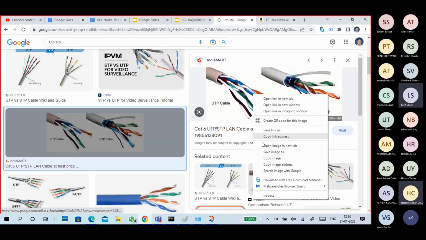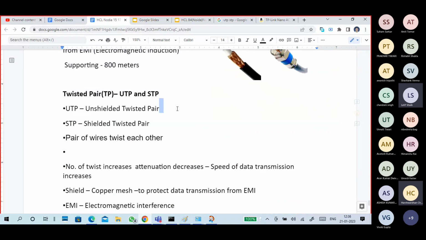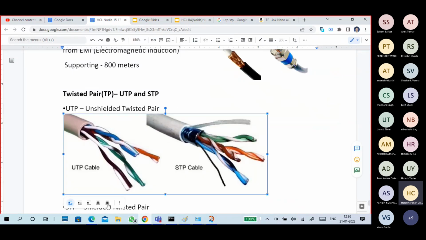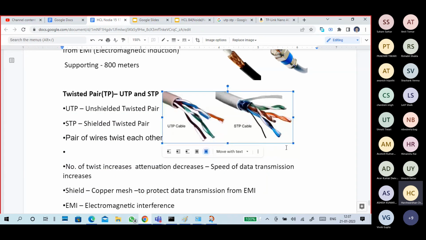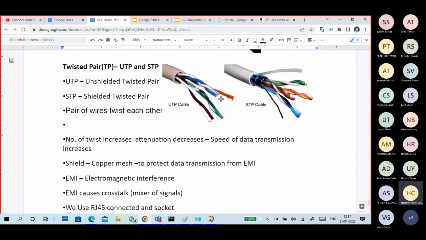This is the unshielded twisted pair cable, and this is the shielded twisted pair cable. So what is the difference? Both are the same cable, same wire, same twist. The only difference is the shielding.